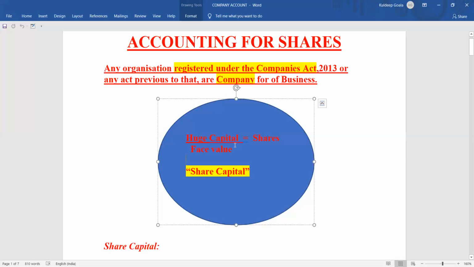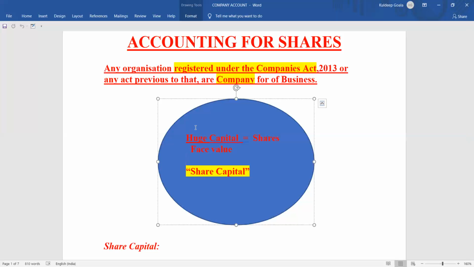Before we enter into the practical portion, we will first try to understand the details about share capital. See, the company's capital is huge in amount and it is divided into small parts. Those small amounts make different shares. बहुत सारे हिस्से बना देता है. ठीक है, those shares, or those portions, we call as portions of the company's capital.